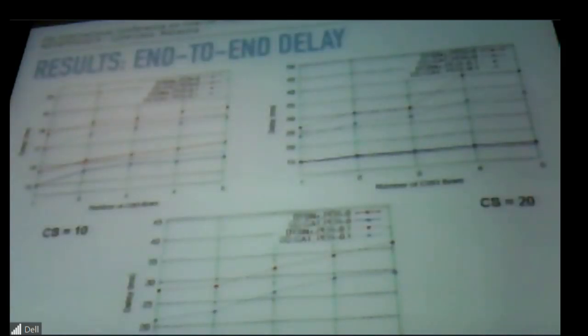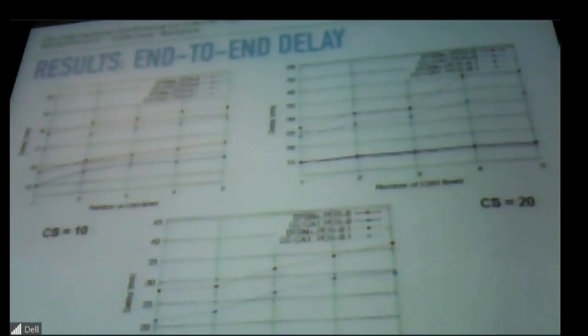So for the results, for the end-to-end delay, we obtain the values for cache size 10, 20, and 30. In general, in all of the results comparing BPSN and the algorithm, the proposed algorithm outperforms the BPSN.